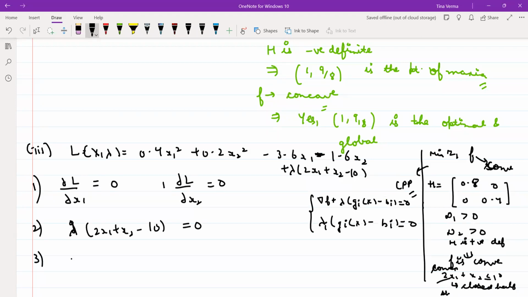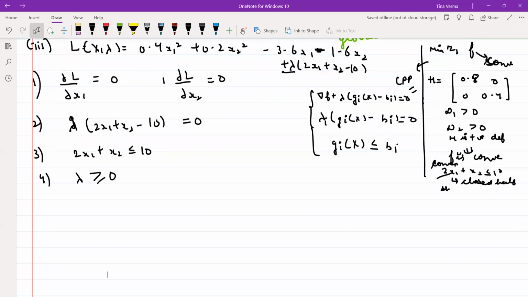The third condition that you have to take is that g_i(x) should be less than or equal to b_i, which was 2x1 plus x2 less than or equal to 10, because this is the minimum problem and you have considered plus lambda over here, then lambda should be greater than or equal to 0, right?